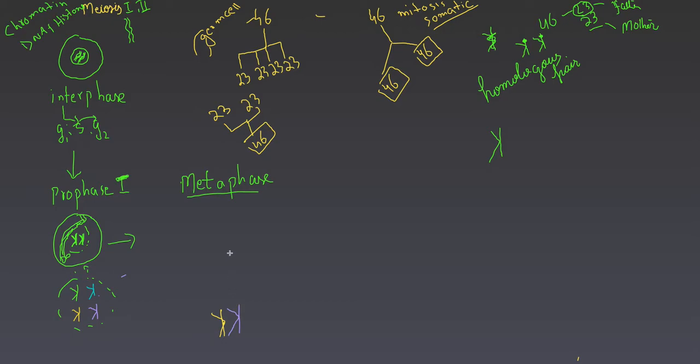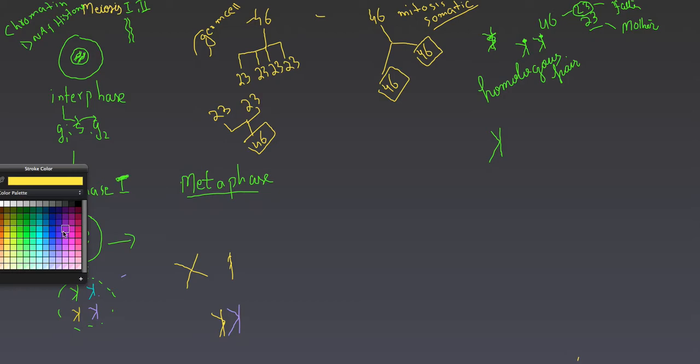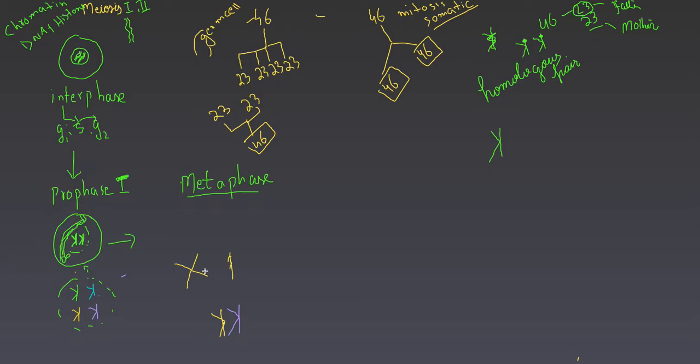They come so close that actually they overlap. So if I were to draw this chromosome, and the purple one would be something like this. So they overlap with each other.